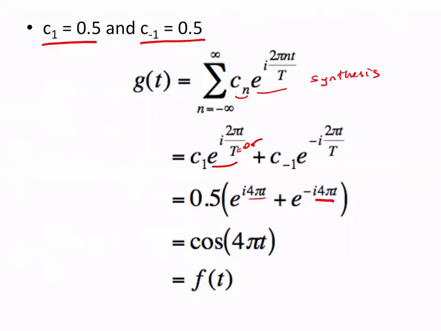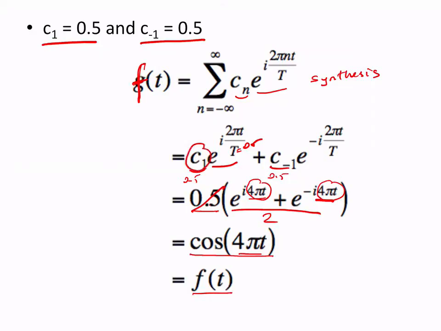Because this is 0.5 and this is 0.5, and we take the parentheses like that, it becomes this over 0.5, which becomes over 2, and this is already cosine 4 pi t, right? We take this part and write it as cosine 4 pi t. So if we have cosine 4 pi t, our f of t is like that, and the coefficients are 0.5 and 0.5.